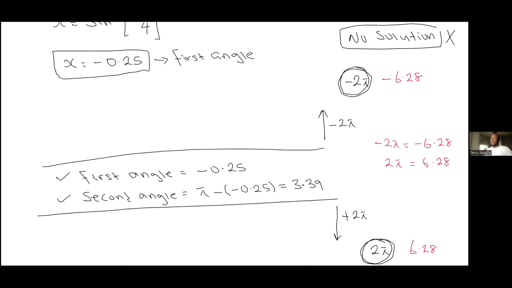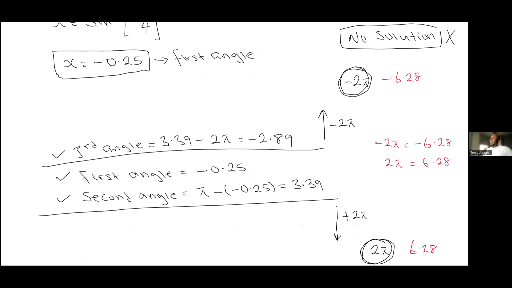All right, so let's go. Now let's get the third angles in the negative direction. So for the third angle, remember we're going to be subtracting 2 pi. It's going to give us 3.39 minus 2 pi. And when you press your calculator for that, it's going to give you minus 2.89.